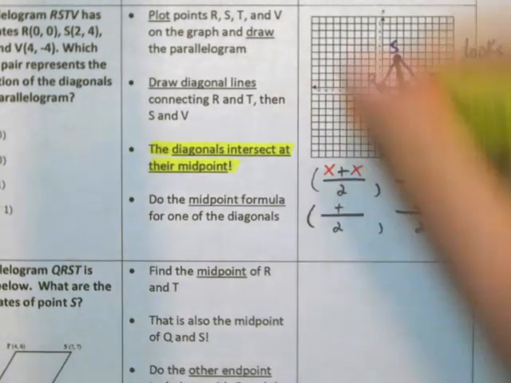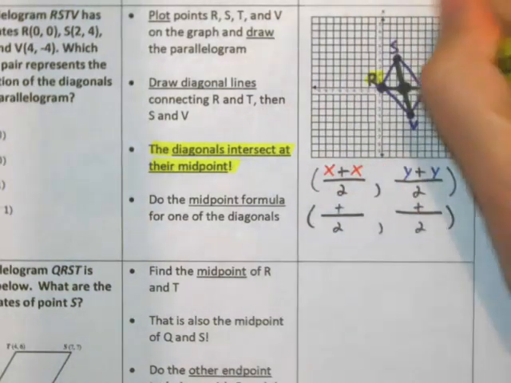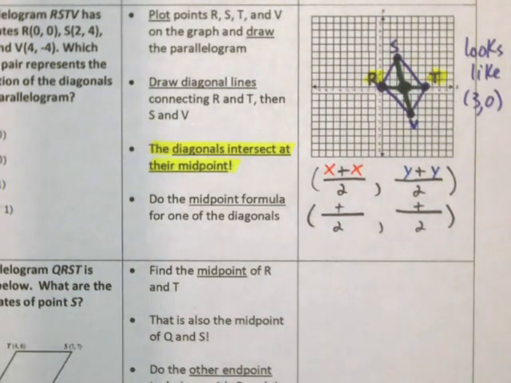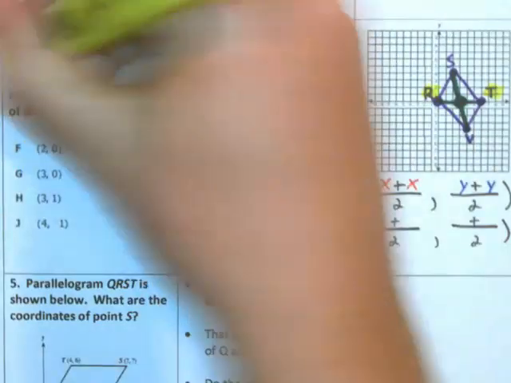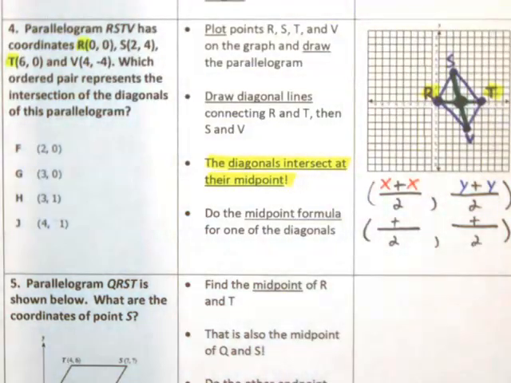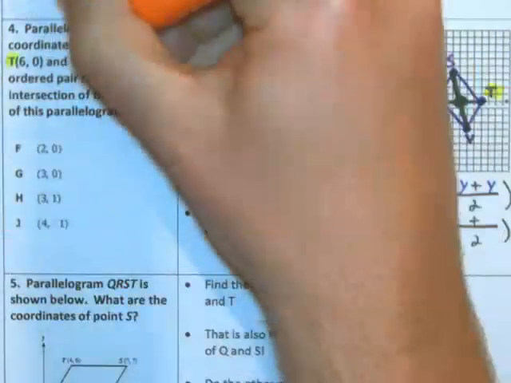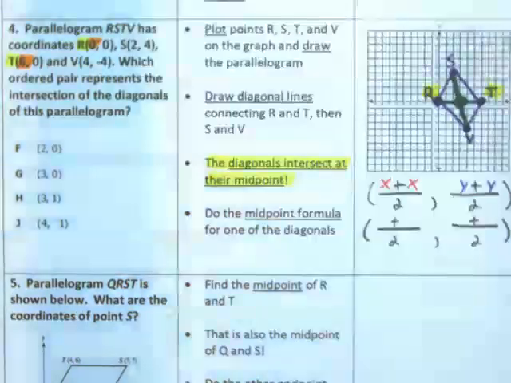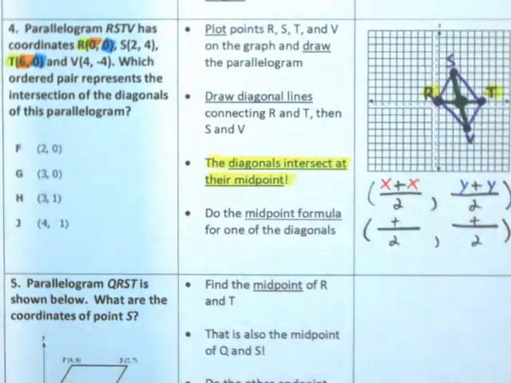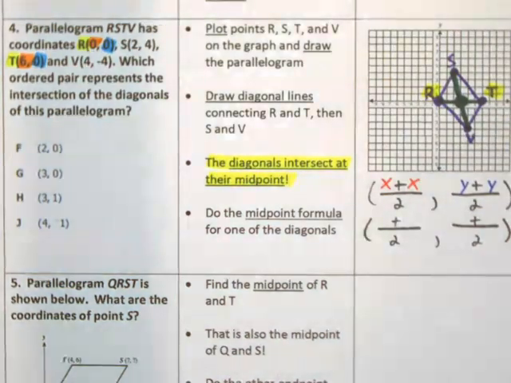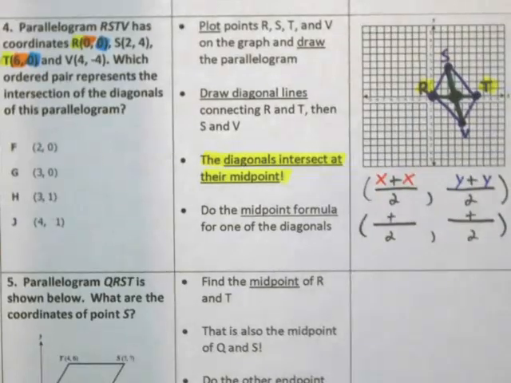And the one that I'm going to choose is the diagonal that connects R and T. So going back to where we had our coordinates in the problem, I'm going to color code and then I'm going to substitute.